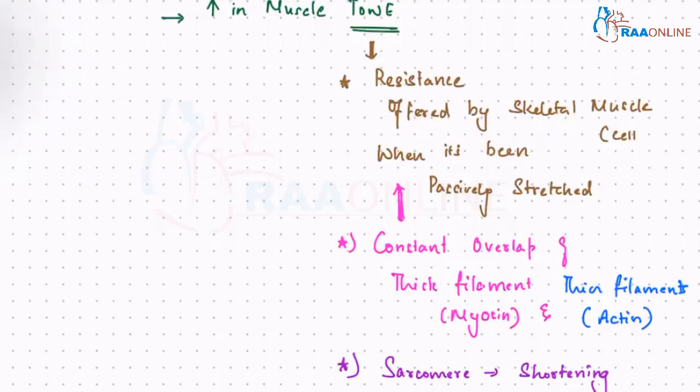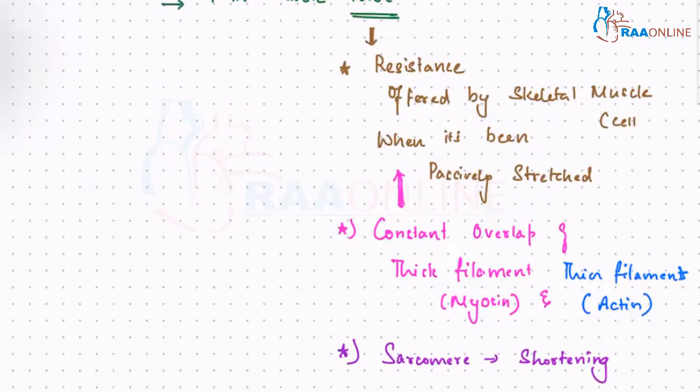And what makes a sarcomere get shortened? There is going to be overlapping, and there is going to be cross bridge formation of thick filament and thin filament, and that is going to make the sarcomere be in a shortened state, and that is going to be the state of a muscle. When you try to pull it off, when you try to stretch it, that is going to offer a resistance, which is colloquially called tone of a muscle, guys.